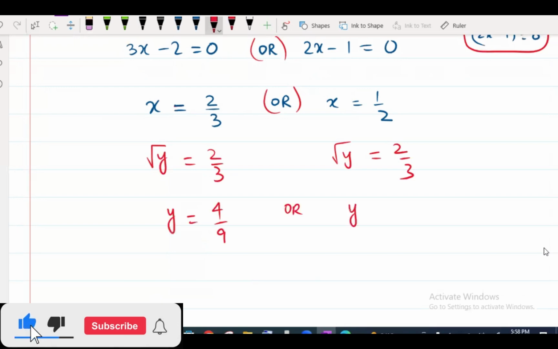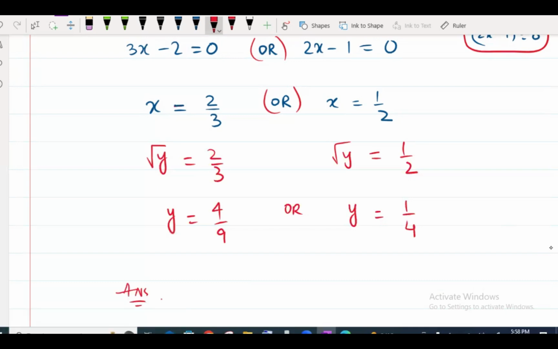Then 1 upon 2 means y is 1 upon 4. So just square the values, right? Because when you shift the square root to the other side, you will put a square. Okay.